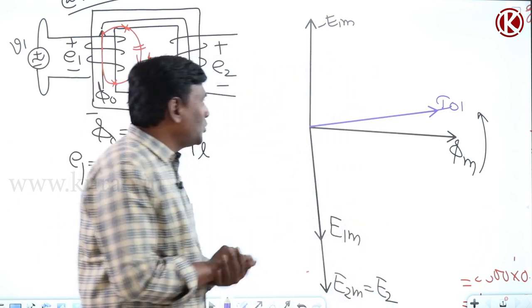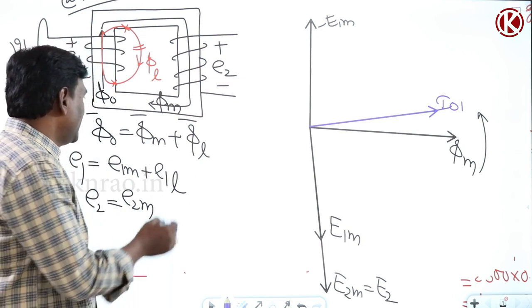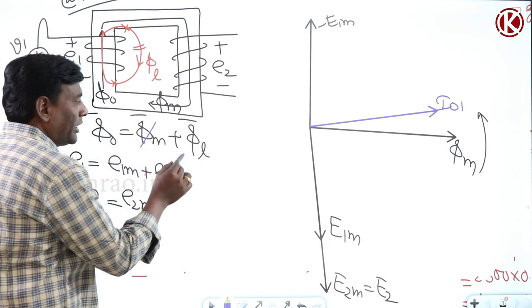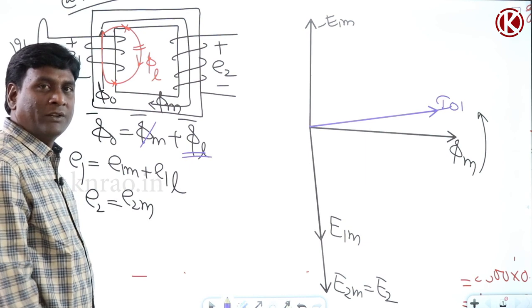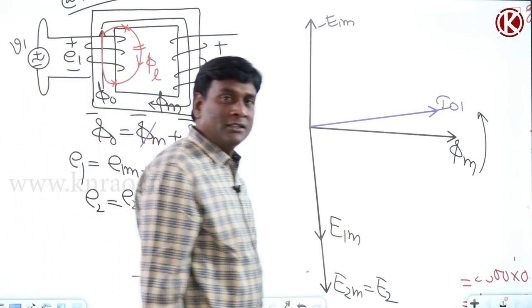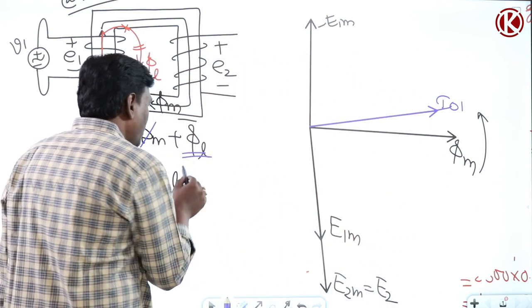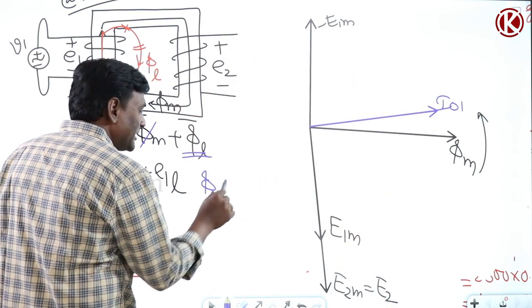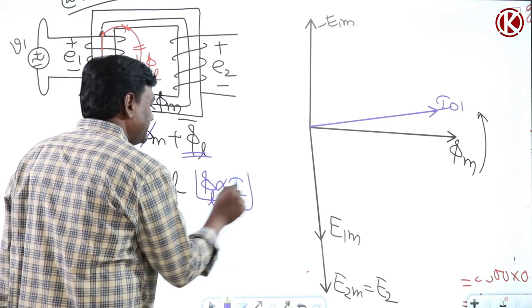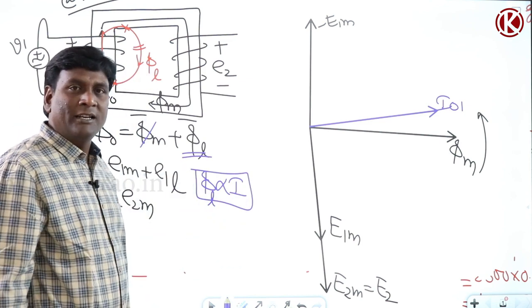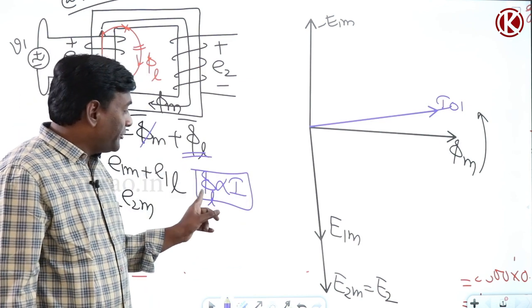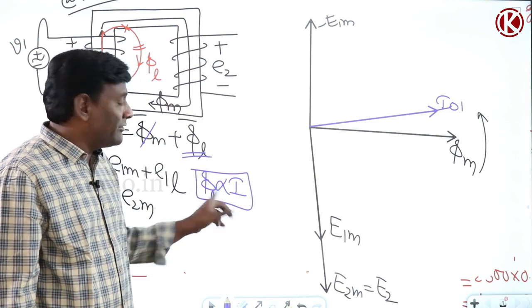Now where do I have to draw phi L? Because mutual flux is shown, now I have to show leakage flux. What do we know from our previous discussion? Leakage flux is linear, which means leakage flux should be directly proportional to current. Why is it linear? Because I is directly proportional to phi. So I have to show leakage flux wherever the current is.